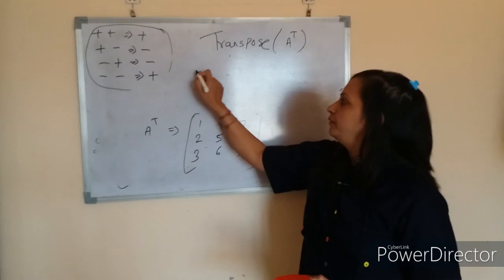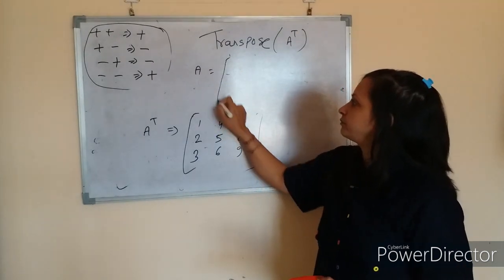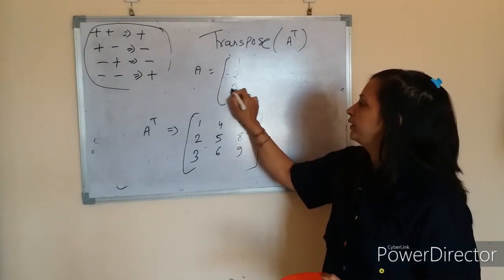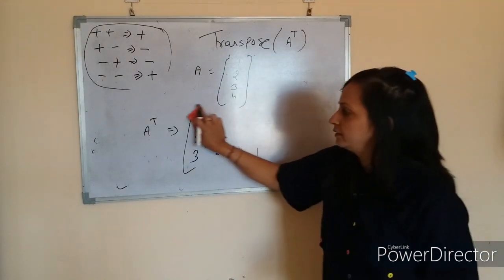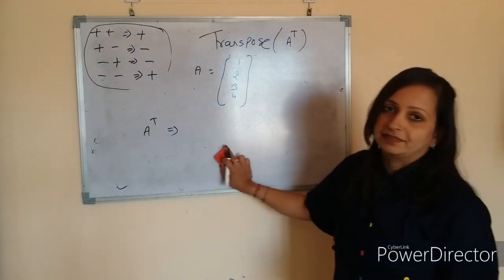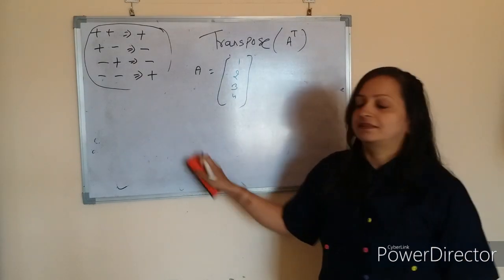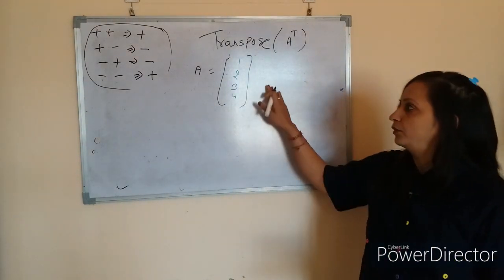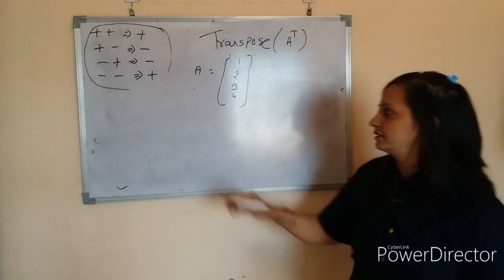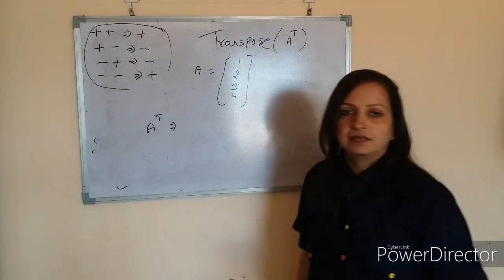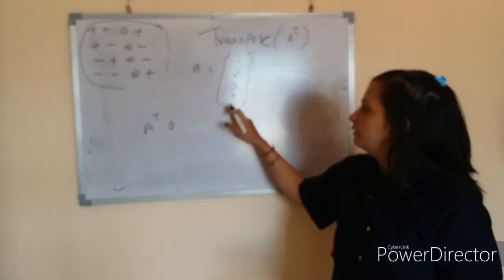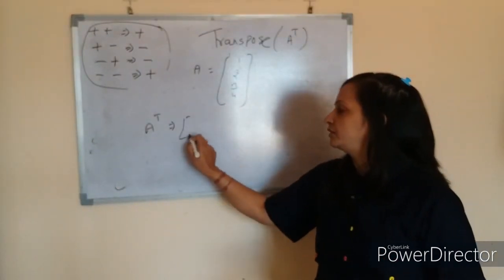I think this is clear, but we can take another example here. So if I am having this 1, 2, 3, 4, if this is my matrix, and we have already discussed the types of matrices in the last video, so I think you can tell me which type of matrix this is, and I am going to transpose this matrix.